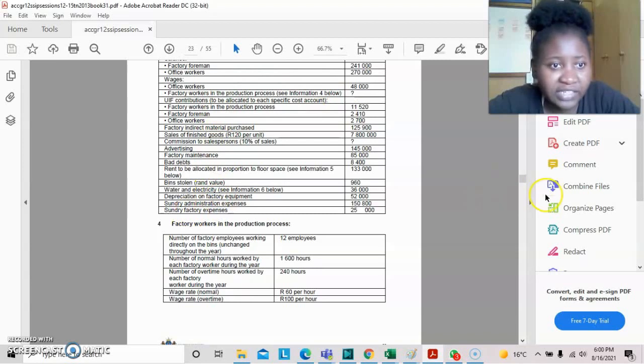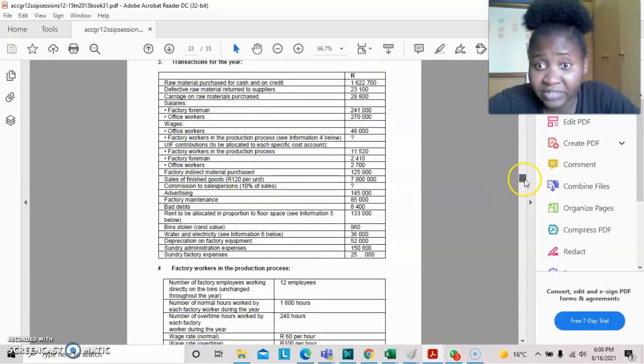Let's see if there's anything that we can add. The salaries: there is a factory foreman, which is 241,000. There are also wages for office workers, but we're not given anything about office wages and it's not applicable.